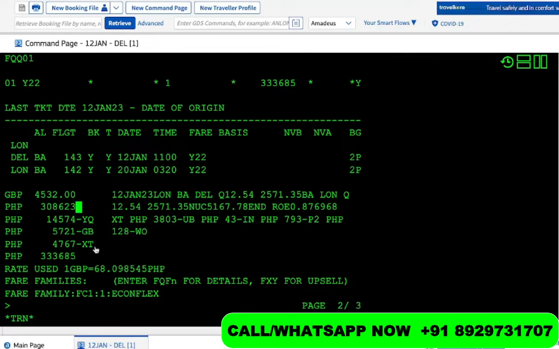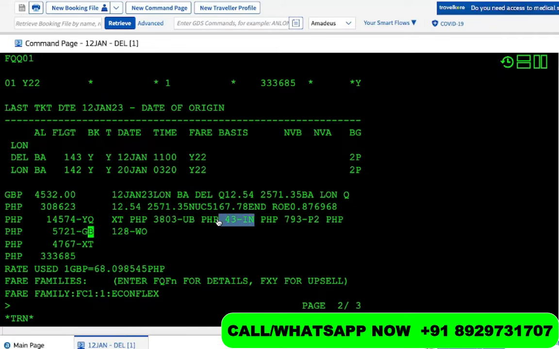Then XT is not a tax. XT means, because they cannot fit all the taxes in this line, what they do is they sum the rest of the taxes and keep a total amount here. So XT is the sum of the rest of the taxes which are there. XT is going to be opening up here. So 3,803. This is UB.